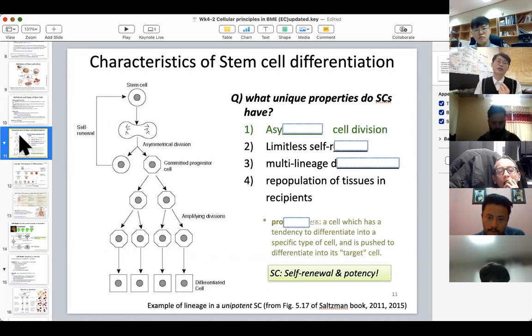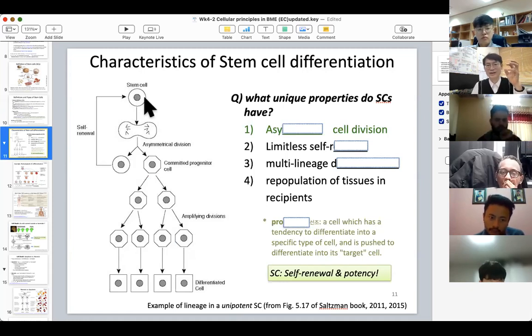Let's talk about stem cell differentiation. What's interesting about stem cell differentiation is that normal cells divide, 1 becomes 2, 2 becomes 4, exactly the same cell, but stem cells are different. Stem cell divides 1 to 2, but somehow a stem cell has to remain there too.